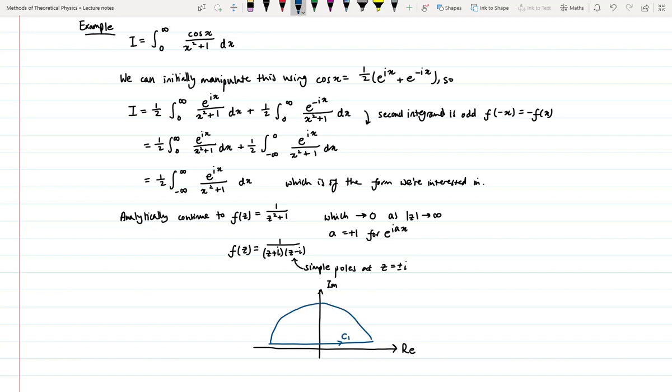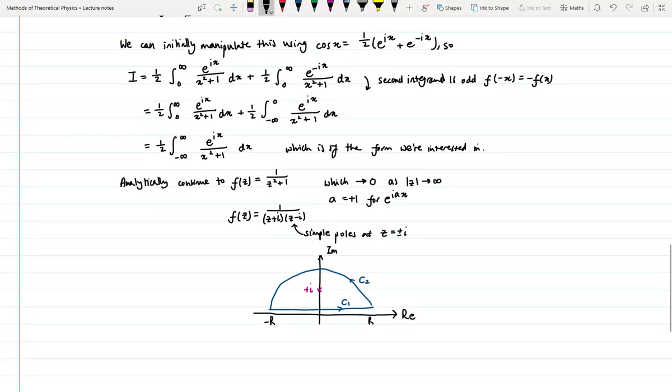This contribution gives the integral we want. This contribution vanishes, and the only pole that we enclose is the one at plus I. And as usual, we've taken r to infinity. Okay, so to evaluate this contour integral, we're going to need the residue at this pole.